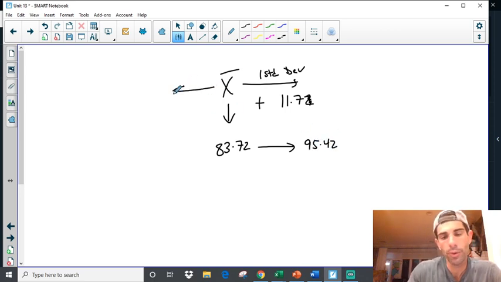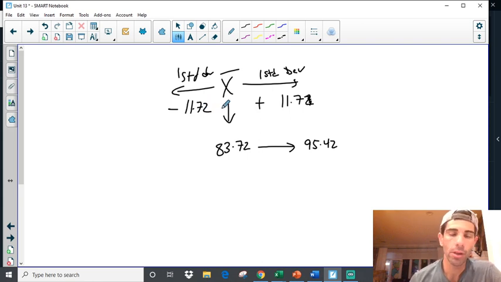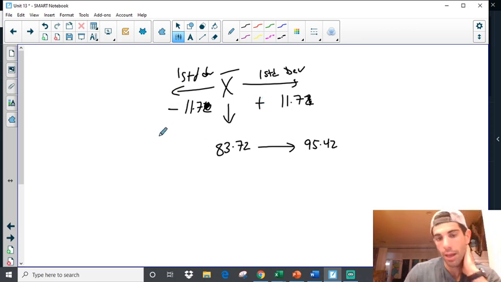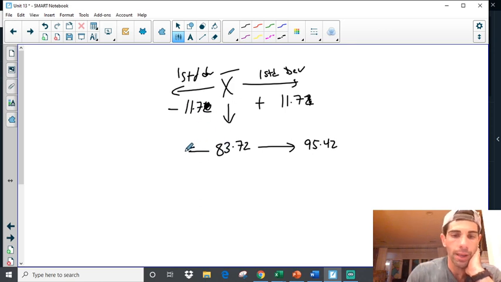But you could also be one standard deviation the other way, okay? So that means I'm going to subtract 11.7. So 83.72 minus 11.7 is going to give you 72.02.